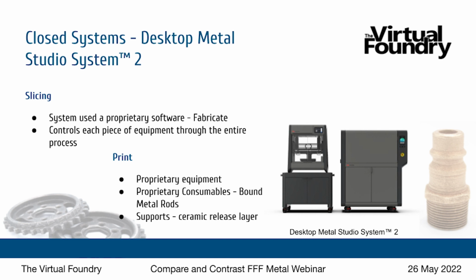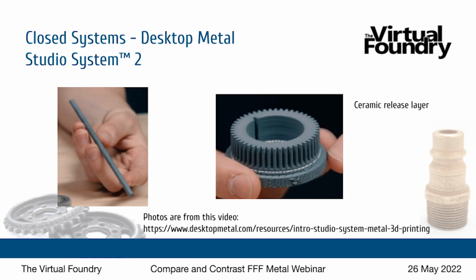For printing, you're using their printer. You're using their consumables as well, which is bound metal rods, and I'll show you a picture of those in a moment. And for supports, they use a ceramic release layer. They actually print the support in the same material that you're making.